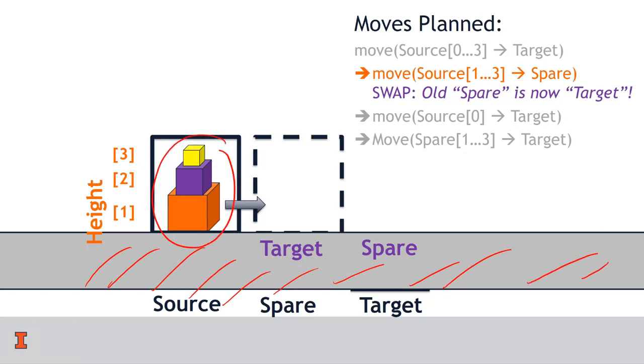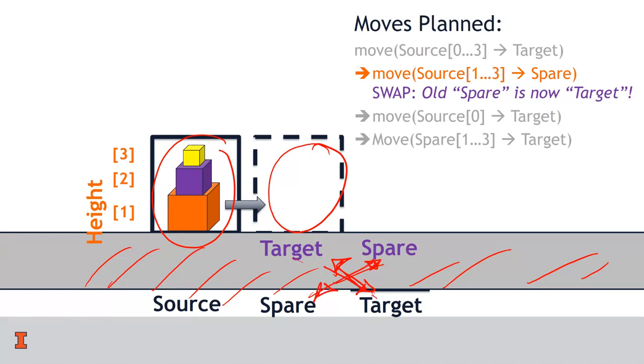Notice that in this subtower of 3 blocks, our target is different than the target for all 4 blocks. So we wanted to put the 3 blocks into the middle stack so that the bottom tile can move to the far stack. So each time we add a layer on top of our stacks, we're swapping the target and the spare.